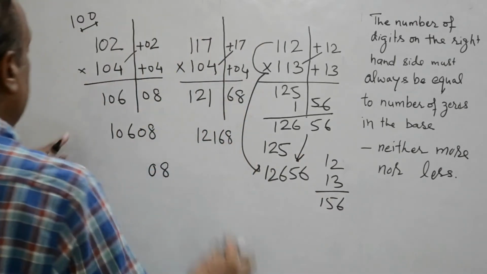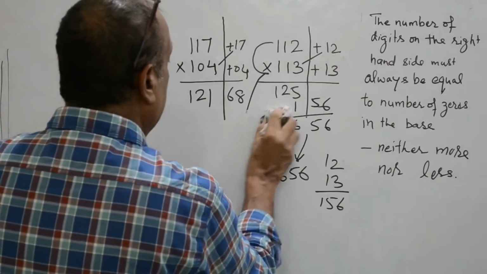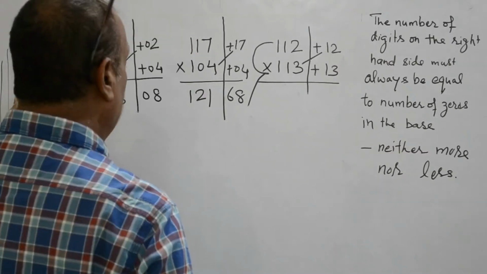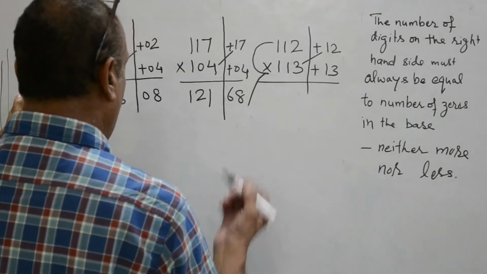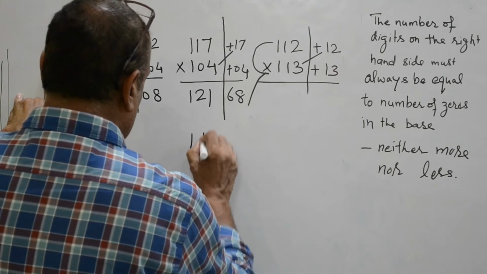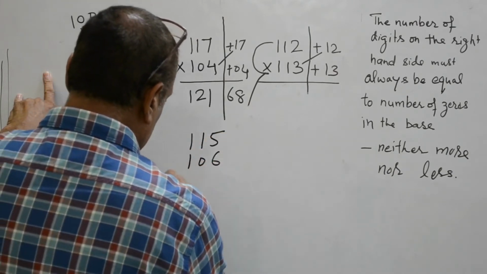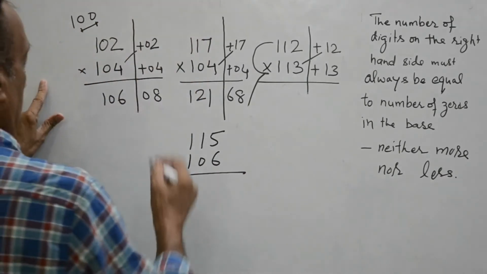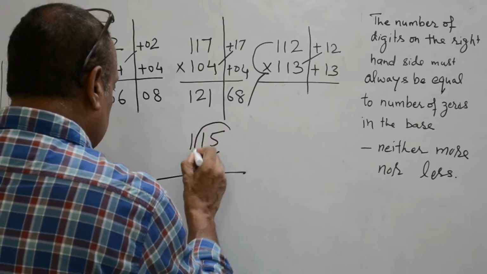Now, when the numbers are greater than the base, we can find out the answer still faster. How? Suppose we want to multiply 115 and 106. To 100, add 15 and 6.